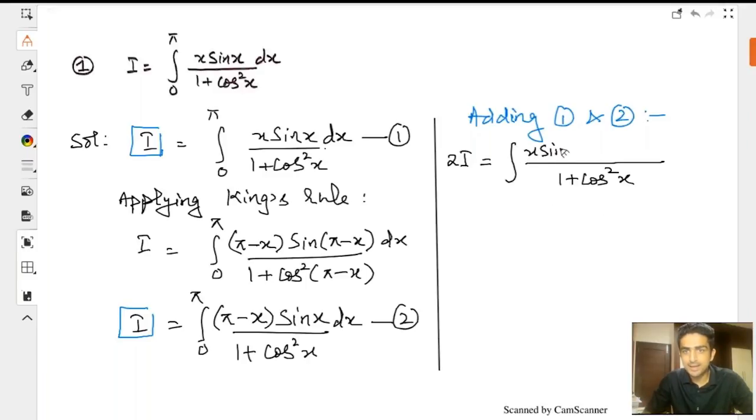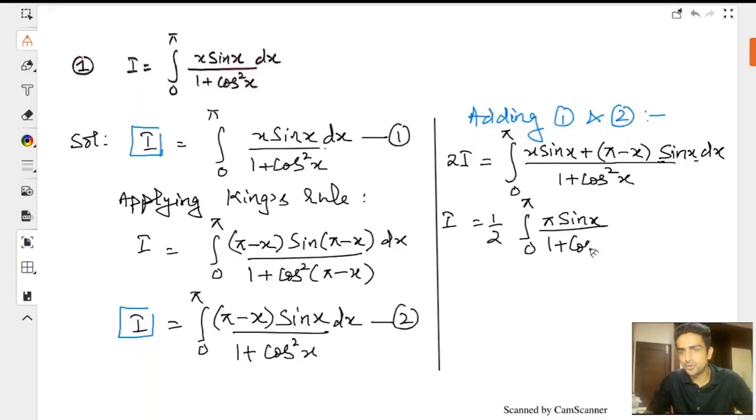It is x sin x plus (pi minus x) sin x. So don't you think x sin x is getting cancelled? So I comes out to be half of integral 0 to pi. x sin x gets cancelled and we are left with pi sin x.